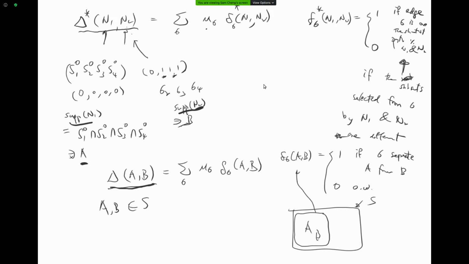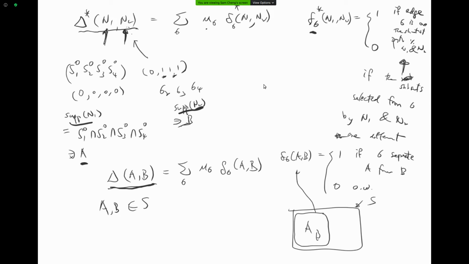Whenever I go from M1 to M2 through a transition sigma, in the sense that M1 and M2 differ for the split sigma, then an element in M1 and an element in M2 must fall on different sides, one in S1 and the other in S0.